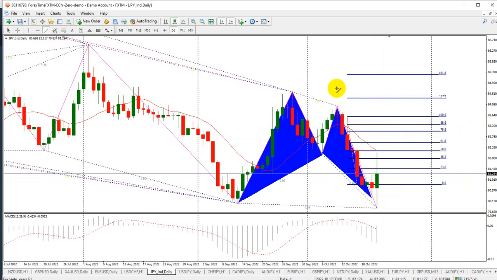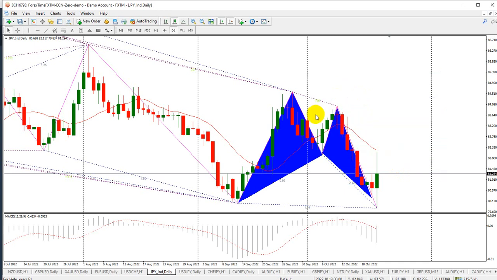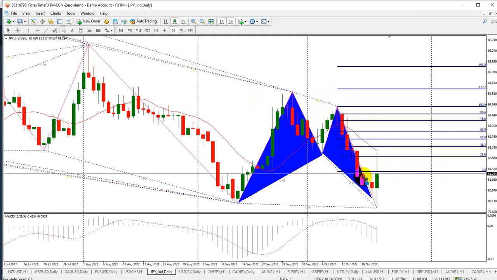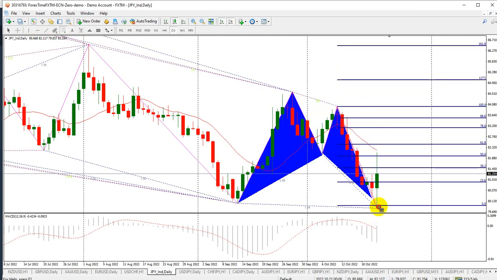Let's first of all look at this Fibonacci. Let's try to see where we are looking at. Let's look at where price has touched. This is the low.